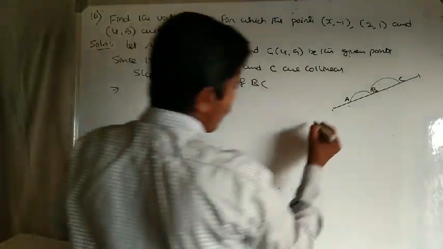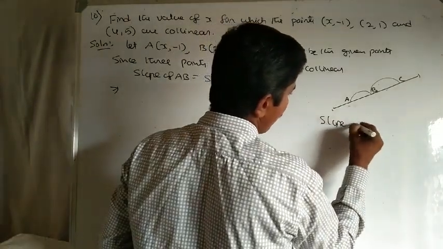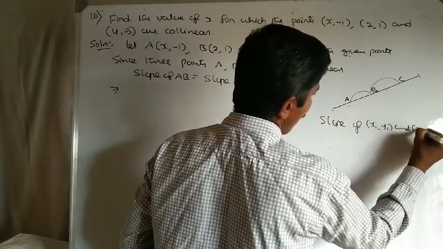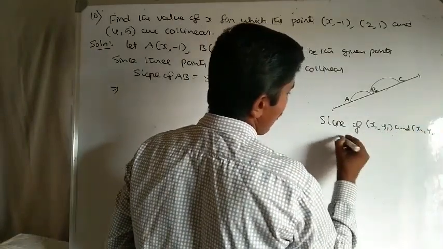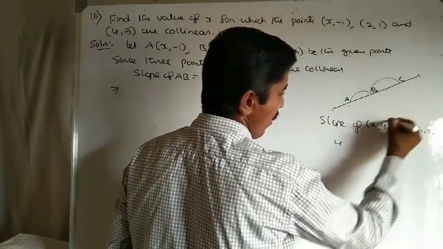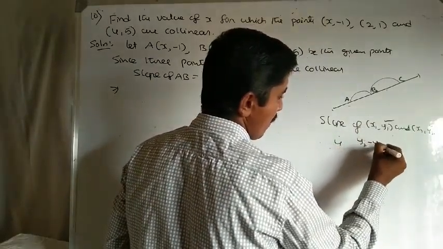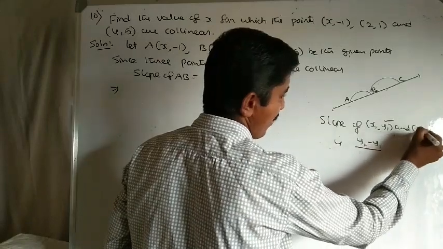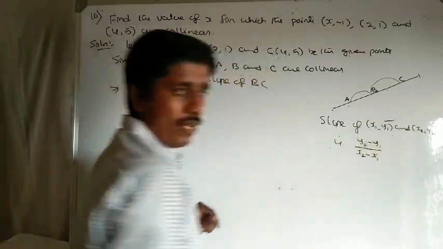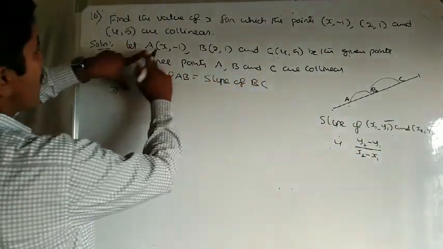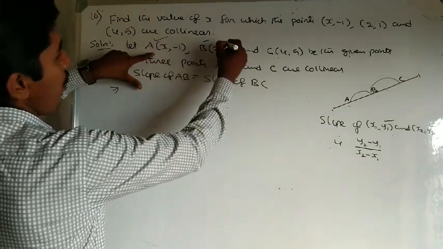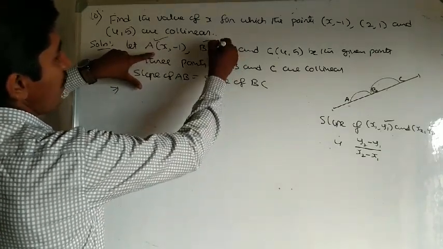Slope of AB: we know that the slope of the line joining x1 comma y1 and x2 comma y2 is given by the difference of the y coordinates, y2 minus y1, divided by the difference of the x coordinates, x2 minus x1. Here in B, y coordinate is 1, x coordinate is 2.